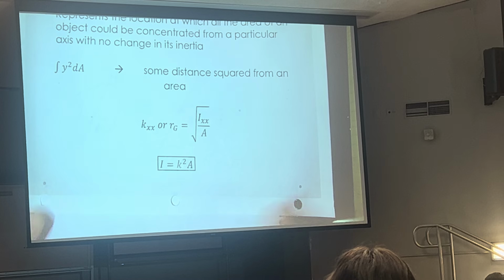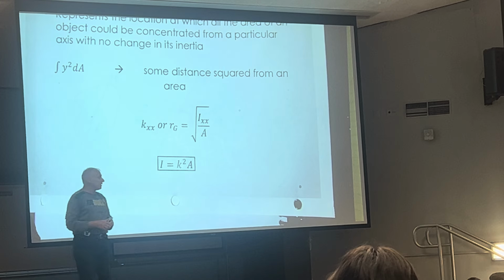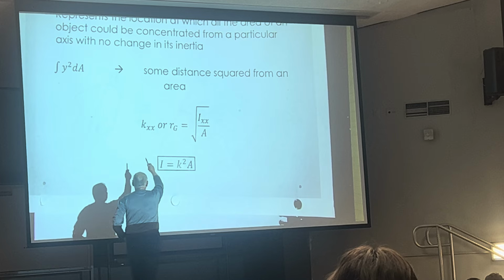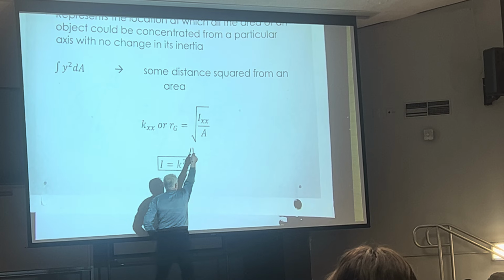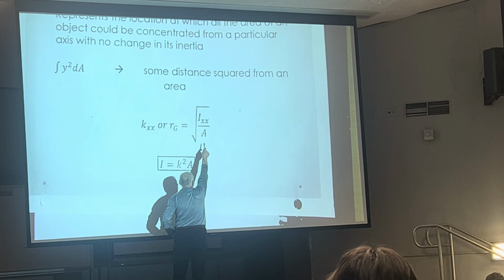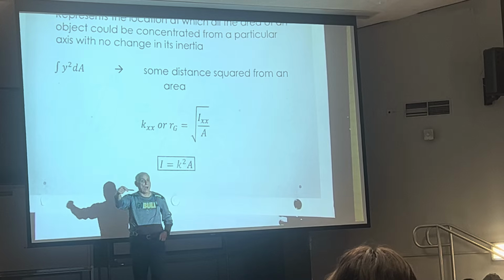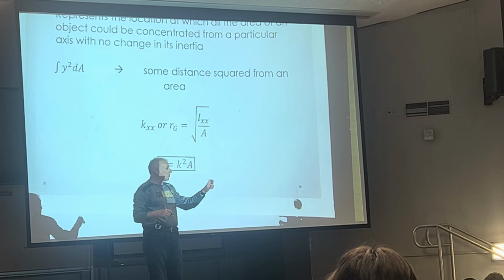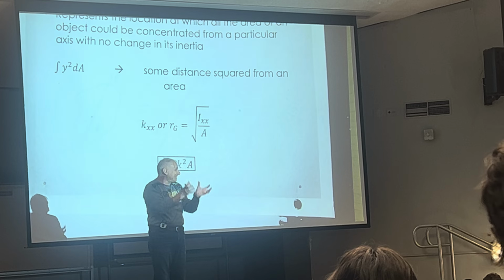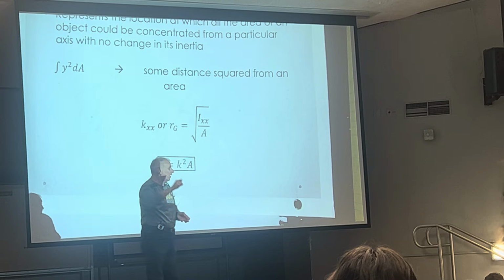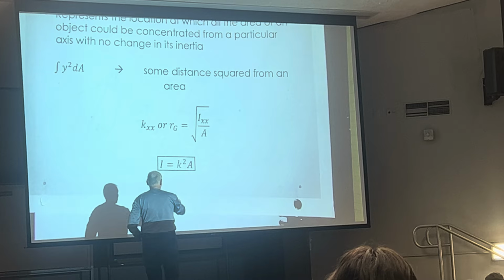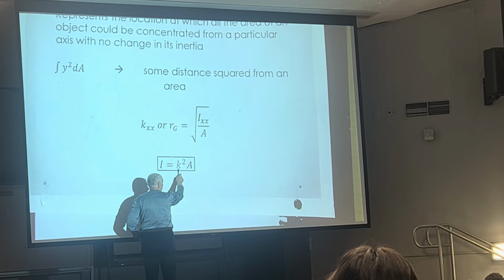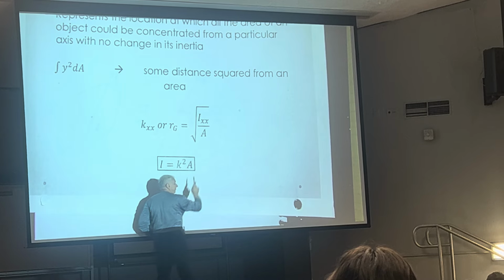How do you calculate it? It's not something you can experiment with, it's a calculation, and the calculation is very simple. K, or R, is the square root of I_XX over A, or it could be I_YY over A. Because an I value is always some sort of distance squared times an area. If you rearrange this for K, a distance, you're going to get this.